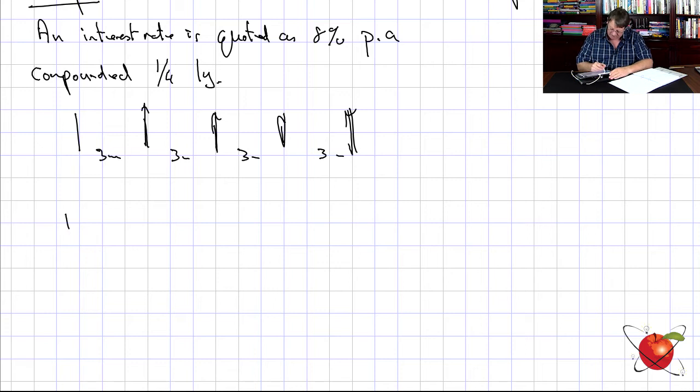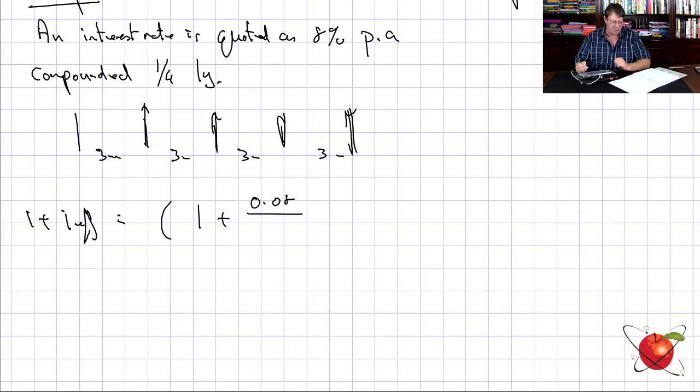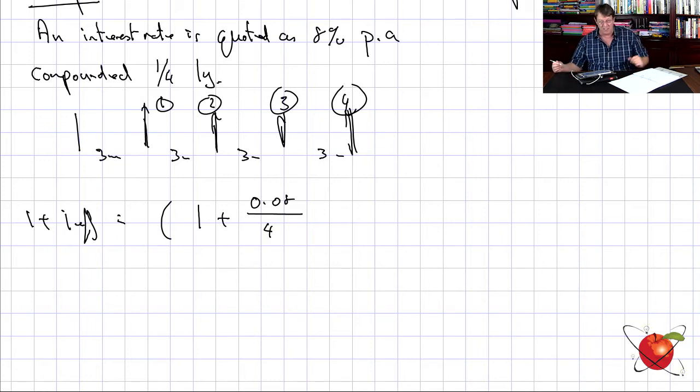So 1 plus i effective is equal to 1 plus nominal, which is 0.08. Remember, we put it as a decimal, divided by 4 periods: 1, 2, 3, 4. If it was daily, we're going to do one now, it's 365 of them. Leap year, the bank gets a good time. So that's to the power 4.